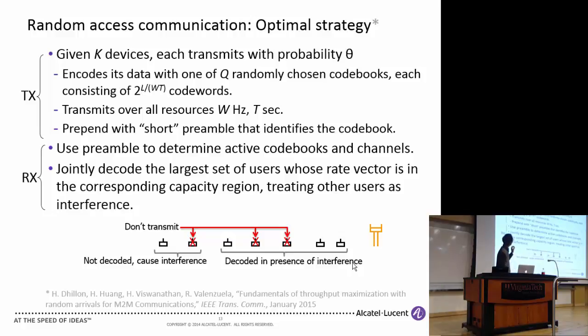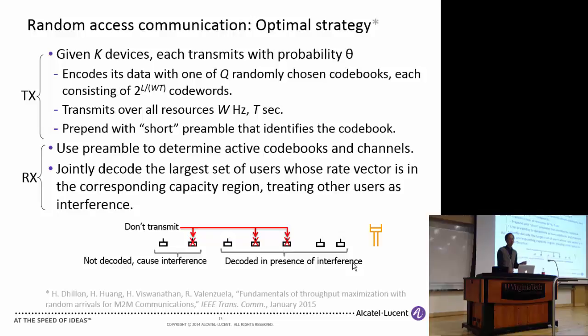Okay, and then each device encodes its data with one of Q randomly chosen code books. And this is sort of an information theoretic design. It transmits over all the resources, so over the entire W hertz bandwidth in T seconds, and it has some short preamble that identifies which code book it's using.